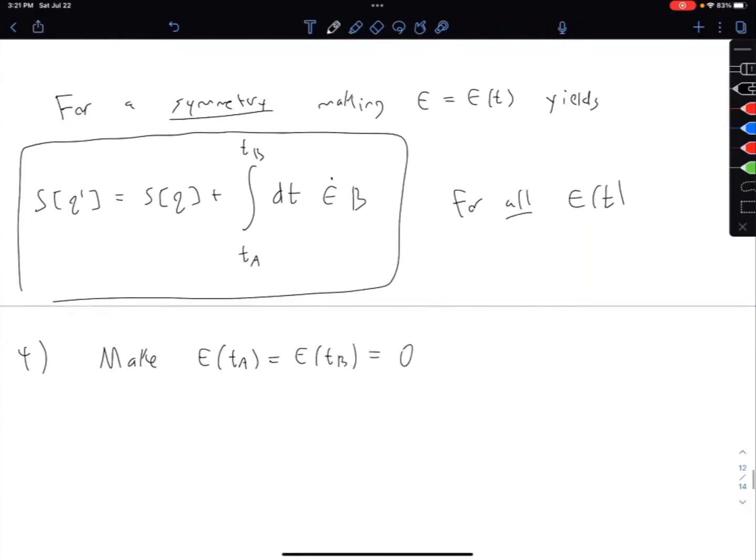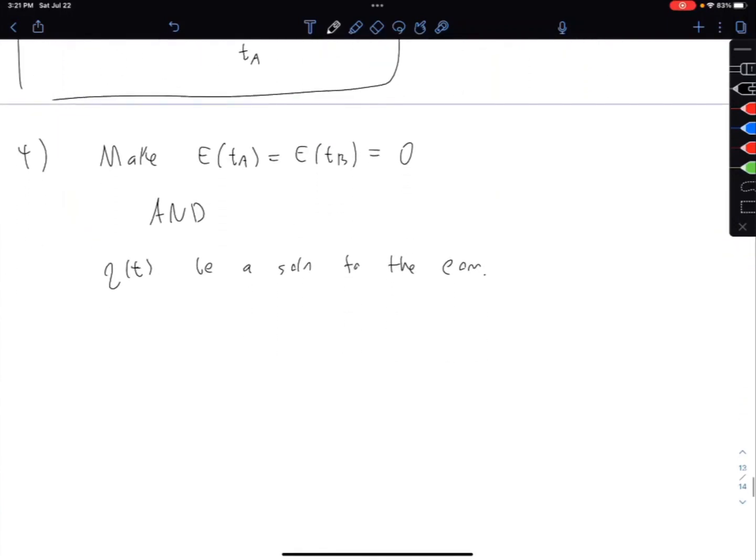Okay, and have q of t be a solution to the equations of motion. So what that means is that if I have t here and I have q, I'm going to assume that this trajectory is a solution to the equations of motion.